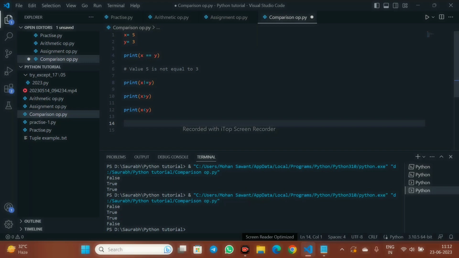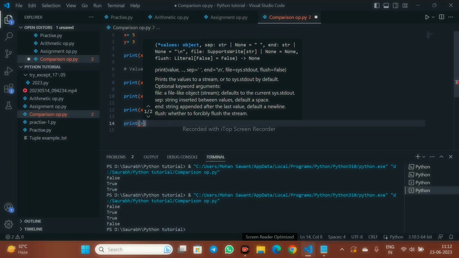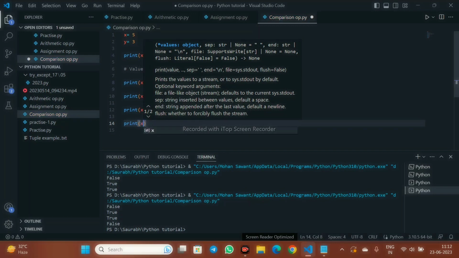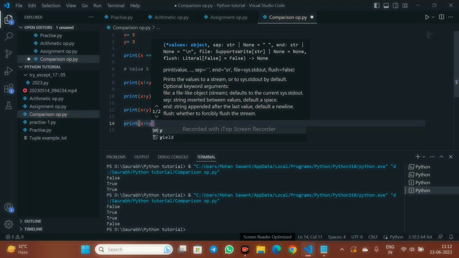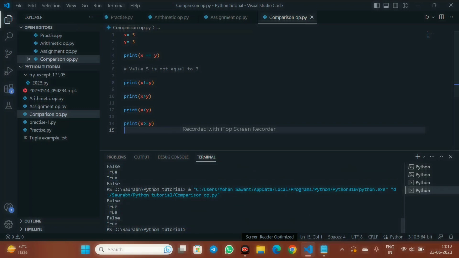So the next operator will be print. So it becomes true here.